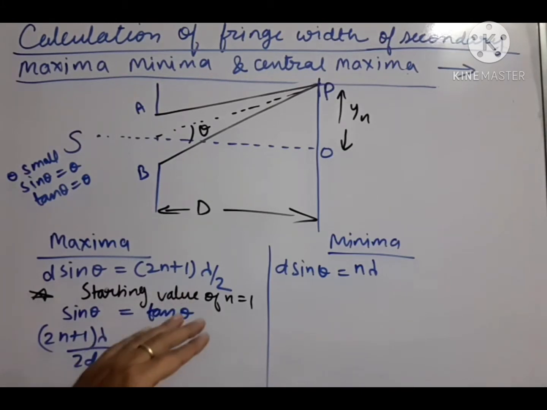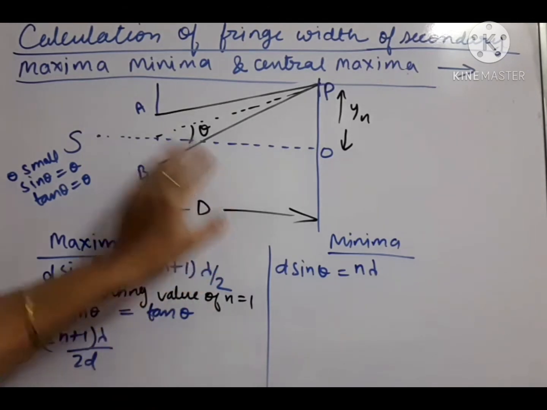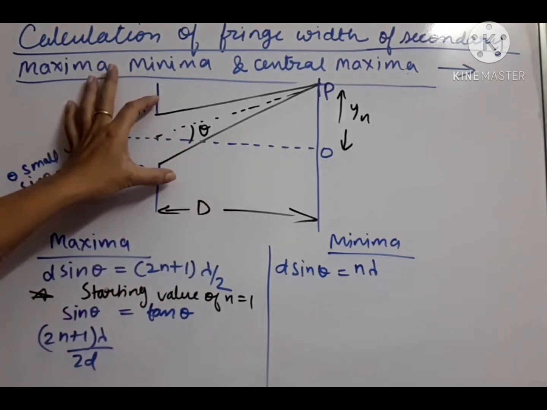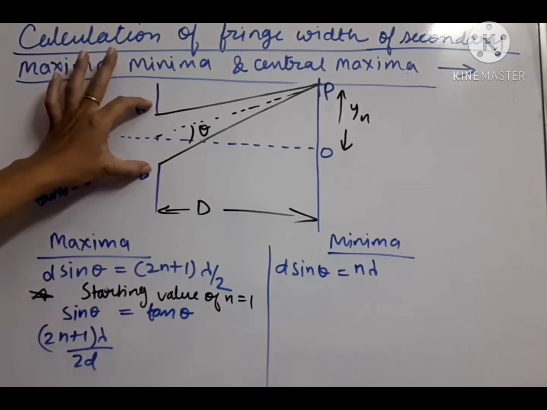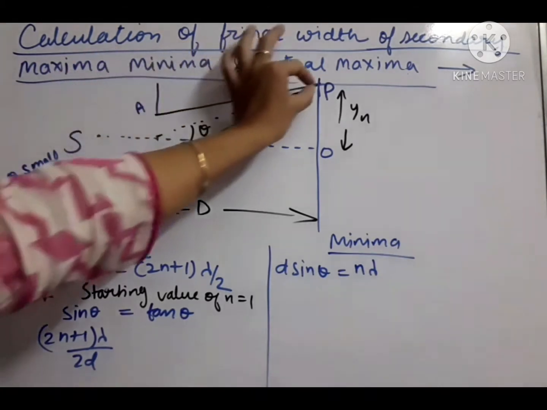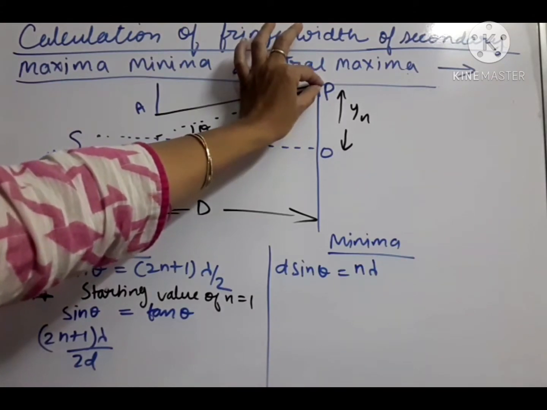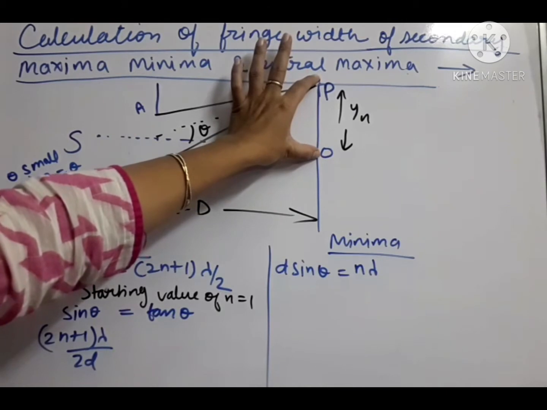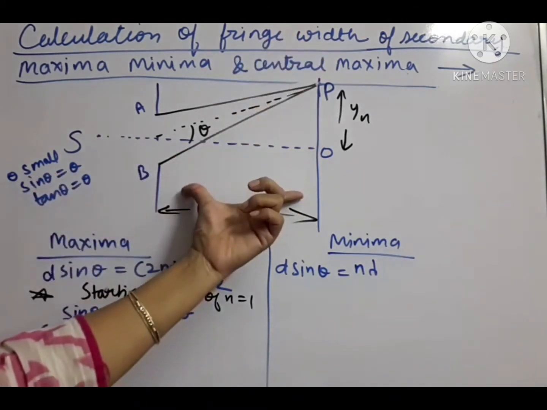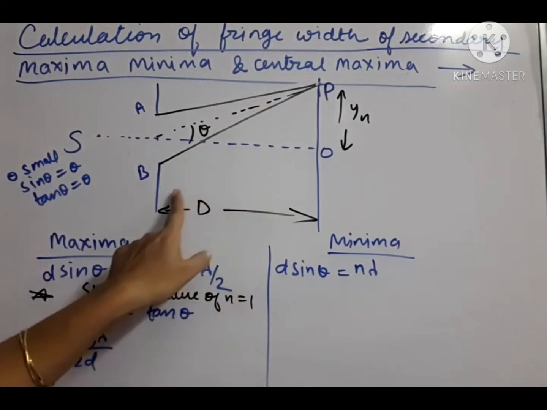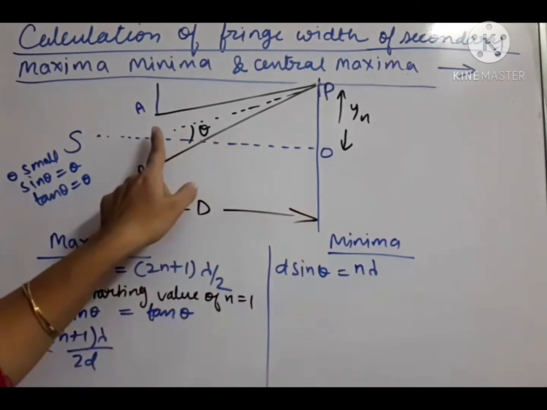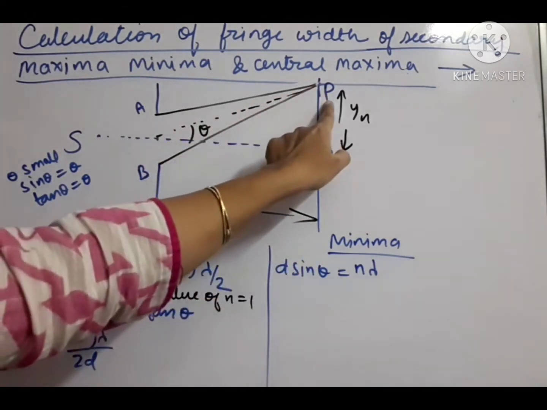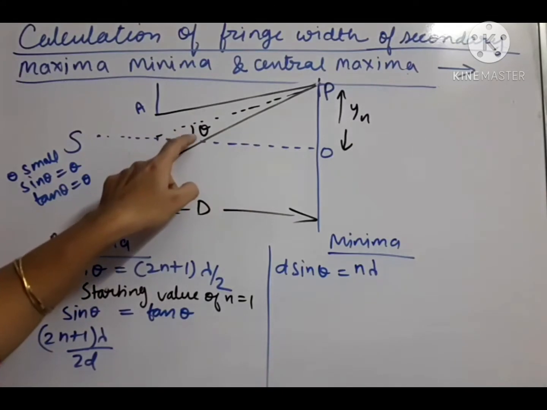Now because we want the displacement formulas, let us see this diagram. This is the Fraunhofer single slit diagram. This is the slit AB, and if we take any random fringe on the screen, the nth fringe, its displacement from the center of the screen is yn, and the distance between slit and screen is always fixed, capital D. You can see this midpoint is joining this point P, making angle theta.